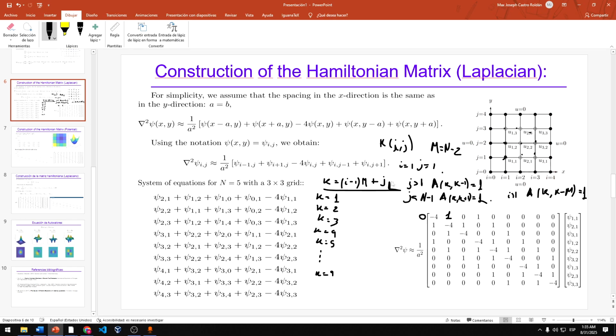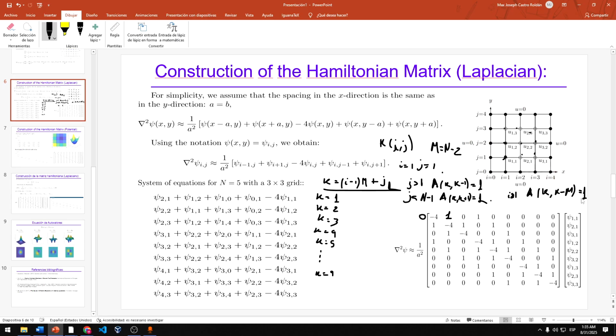M ya dijimos que era 3. Pero como I es 1 y no puede ser mayor a 1, no se cumple.